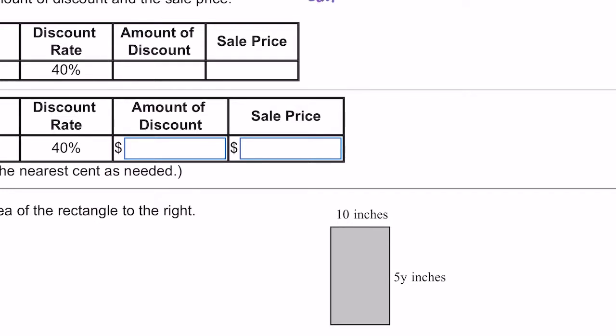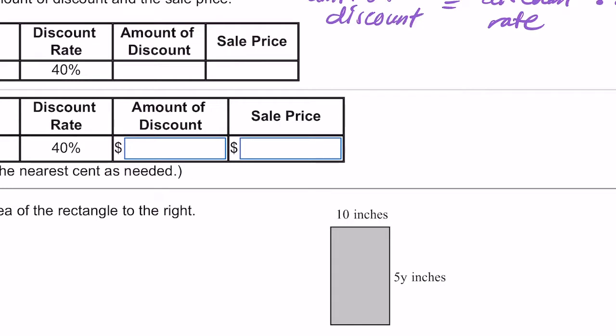So the formula for discount is: amount of discount equals the discount rate, which would be your percentage as a decimal, times the original price. So here we are looking for the amount of discount and then the sale price.